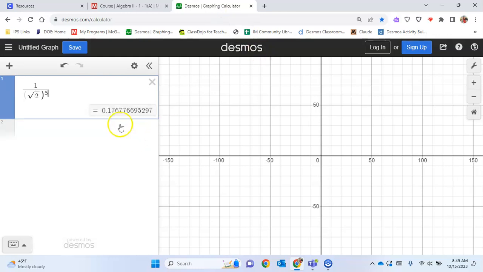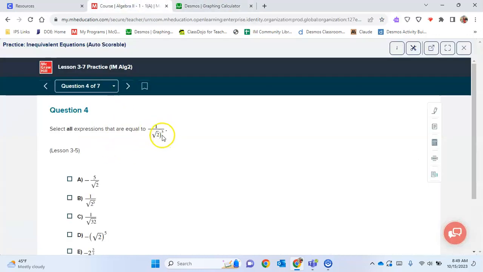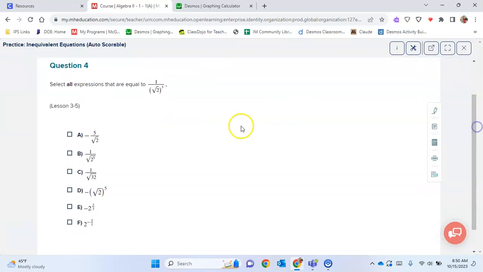You can see they give you an irrational number there. Which ones are equivalent? Well, when the exponent is in the denominator, we can bring it to the numerator and it becomes negative.